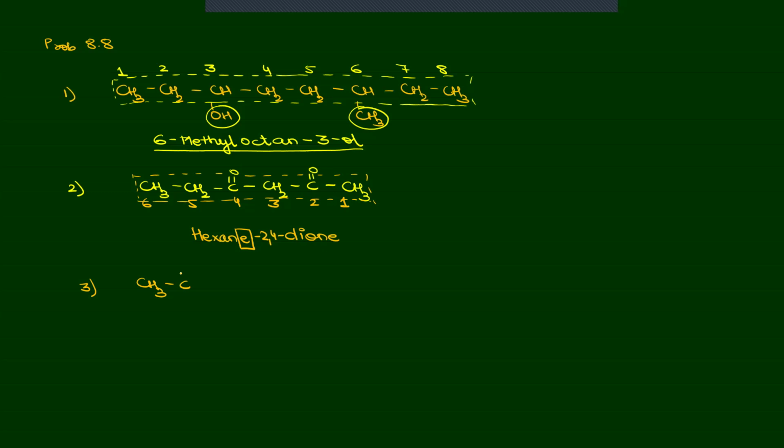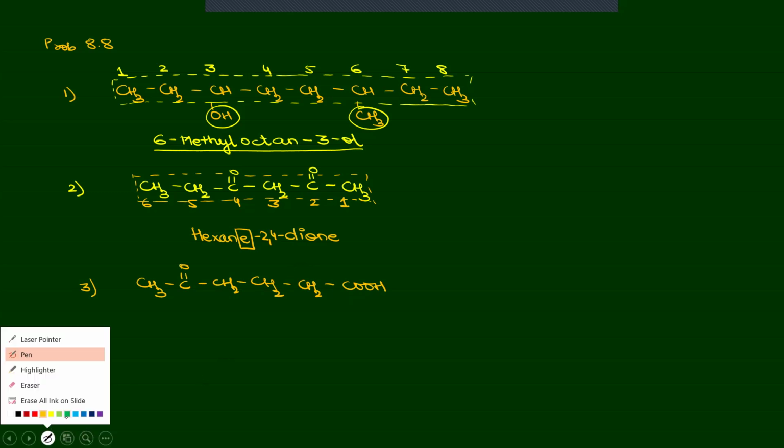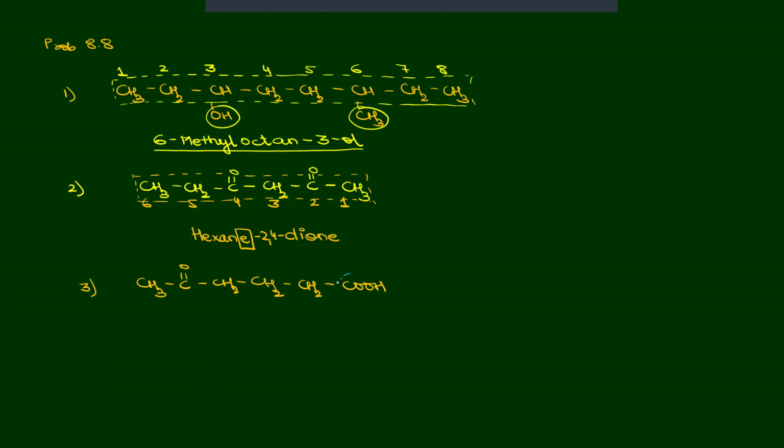Then I have CH3, C double bond O, CH2 repeated thrice, and then COOH. Again, to name the compound, observation: two functional groups. One is the acid and the other is the ketone. So it's a polyfunctional compound, you have to think about the priority.